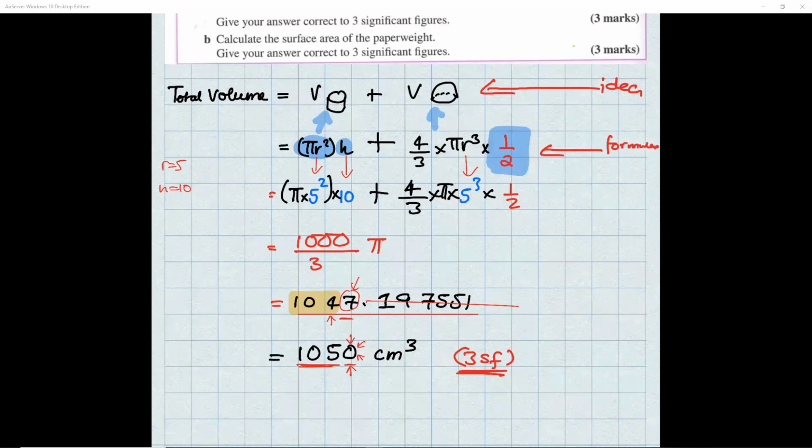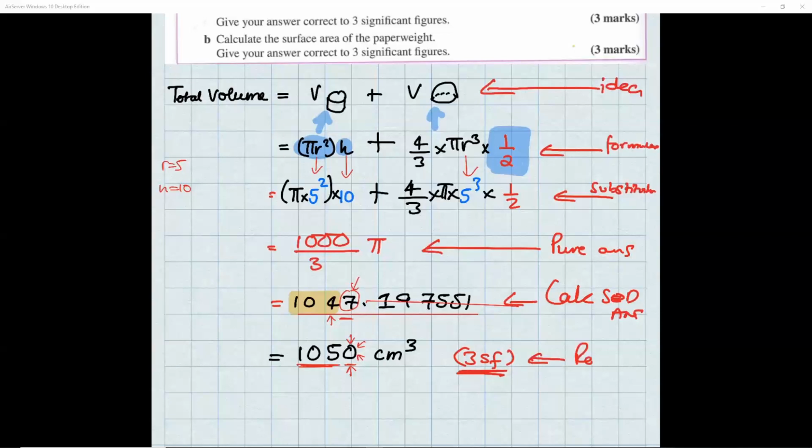And the next layer is the substitution. And then we have here our pure answer. And then we have our calculator standard decimal answer. And then we have our rounded answer.